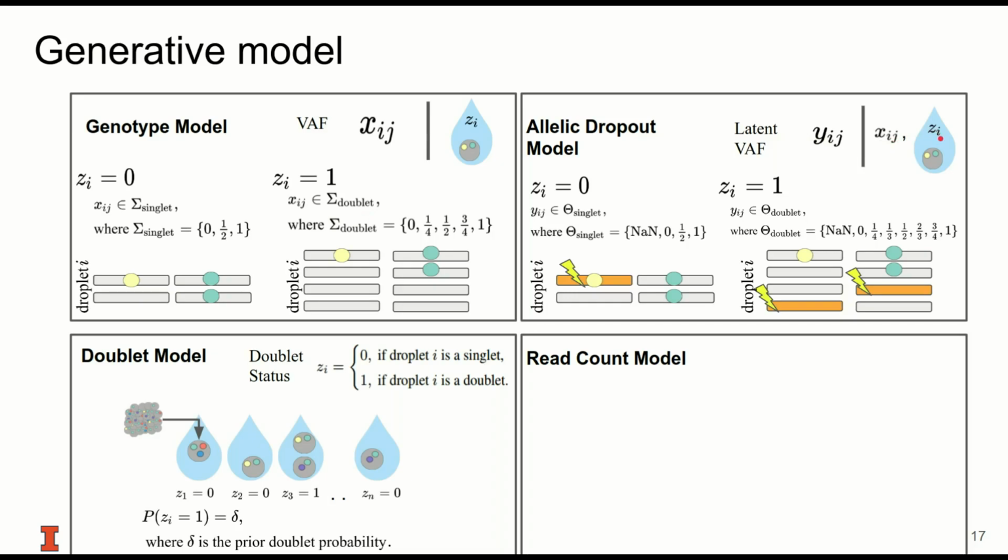And the interesting thing about allelic dropout is that we can use it as a further signal to decipher between singlets and doublets. Because when alleles drop out in doublets, the latent VAF Y_ij is going to take on an even greater range of values than when it's a singlet, such as 1/3 in this example here, or 2/3, which we won't see in singlet droplets.